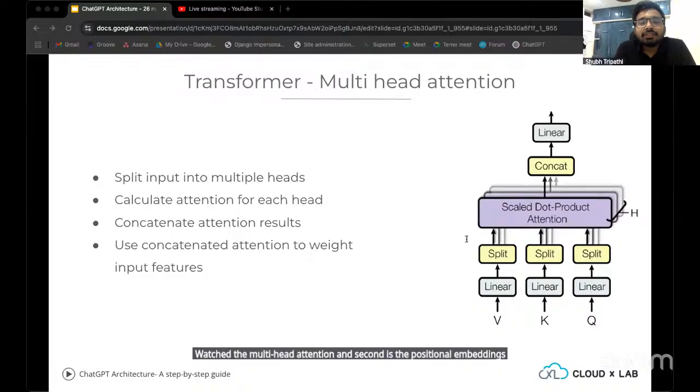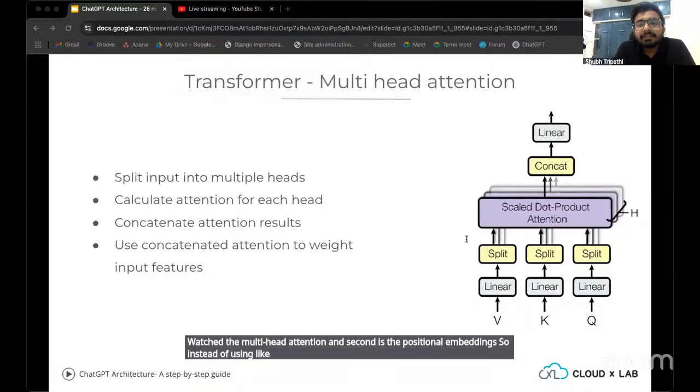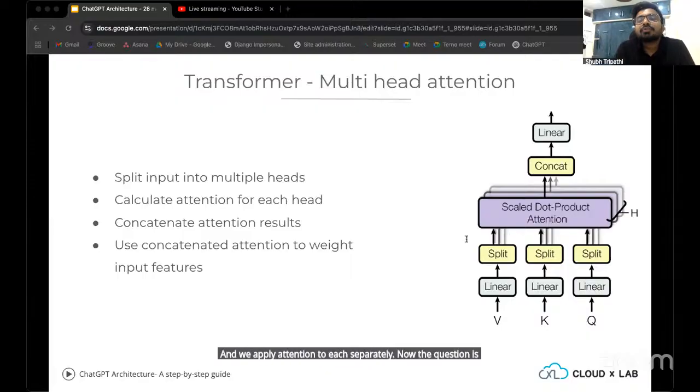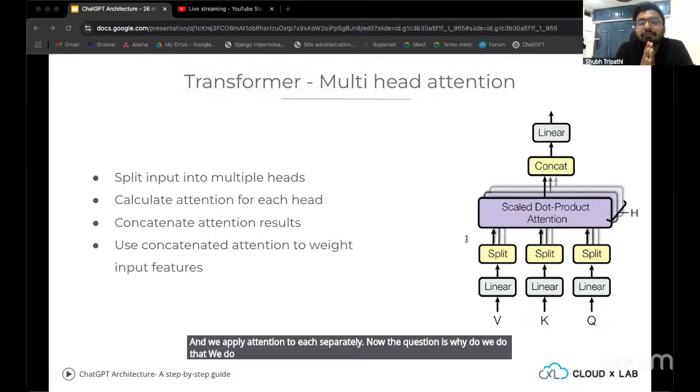Instead of using just one attention mechanism, we split the input into multiple smaller parts called heads, and we apply attention to each separately. Now the question arises, why do we do that? We do that so that each head focuses on different aspects of meaning, such as grammar and context.